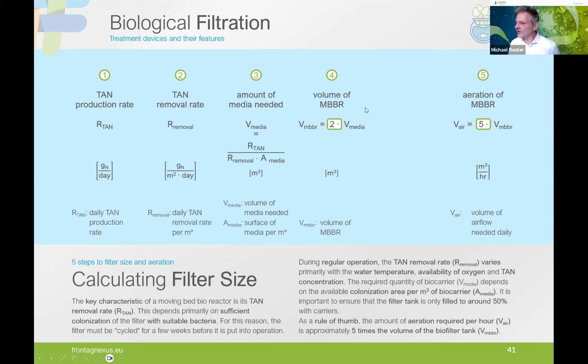And then the volume of our bioreactor would be twice the amount of media that we need approximately. And the aeration that we would need would be 5 times the volume of the bioreactor per hour. So we need quite a lot of air.